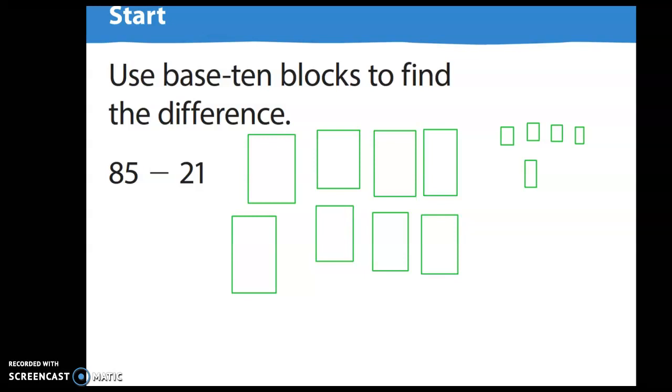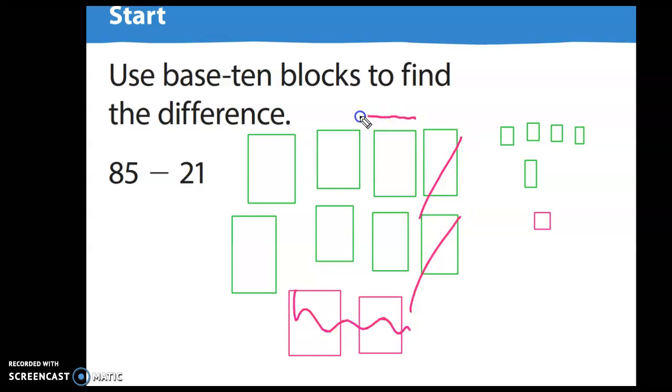How many 10s in 21? 2 of them. 1, 2. And then how many 1s in 21? 1. So if I take away 2 of the 8 tens, how many do I have left? 6.